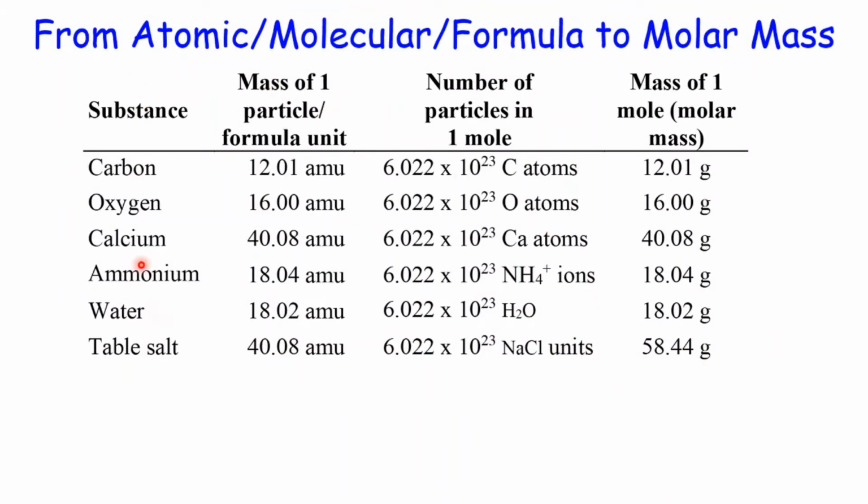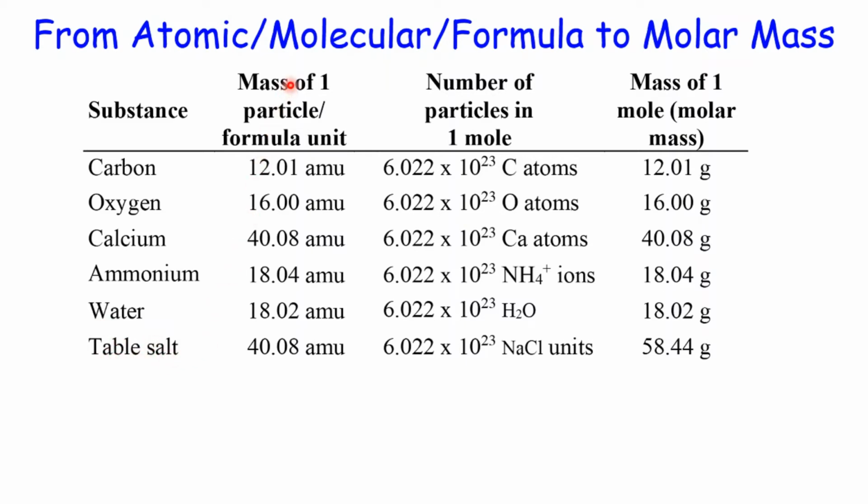Okay, so let's take a look at this to further understand the concept. We have different substances or particles. So we have atoms, we have ion, that's ammonium ion, we have molecule, we have an ionic compound, all right?